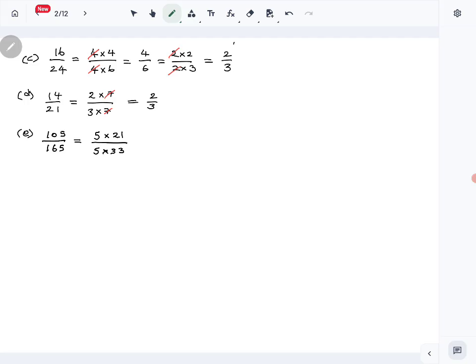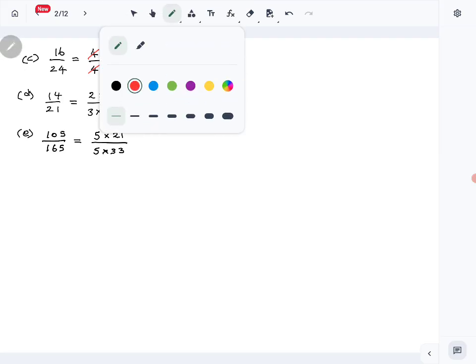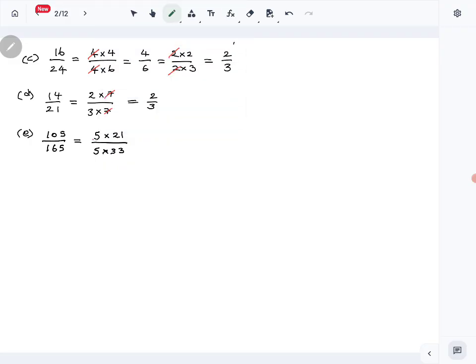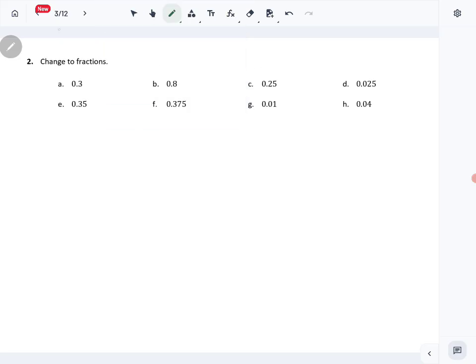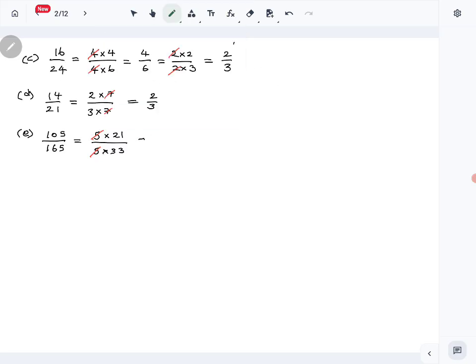That part you can do using a calculator. Figure it out by dividing 105 by 5. Then you can cancel each 5. Then what is left? 21 over 33.